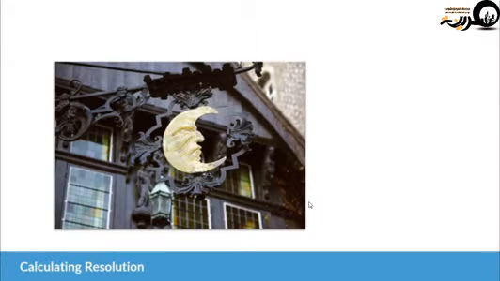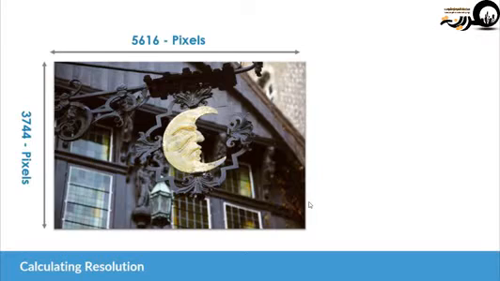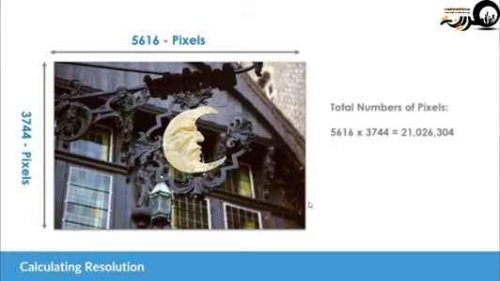So in this particular photograph, we have 5,616 pixels across the top. We have 3,744 pixels going up.